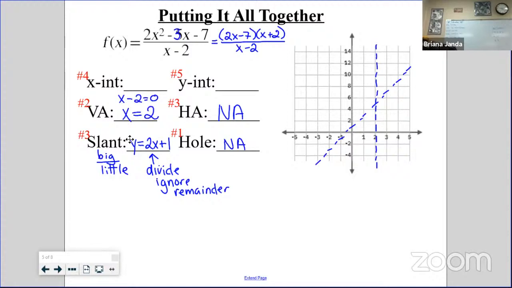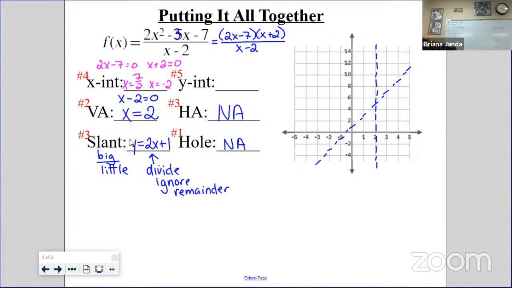Then we move on to the graph part of it, the x-intercepts, y-intercepts, and any additional points that we need. So x-intercepts were in our numerator. Ooh, we have two things on our numerator, 2x minus 7 and x plus 2. So I get 2 x-intercepts, 7 divided by 2. Okay, here you do not have to have an x, but I always do.